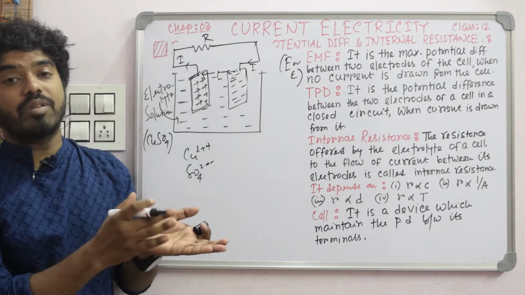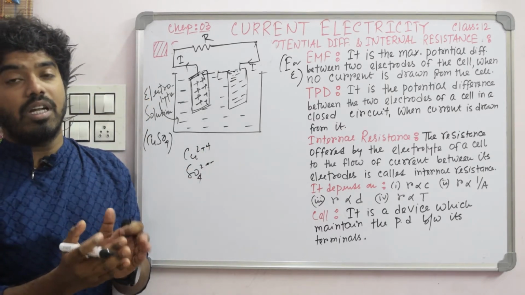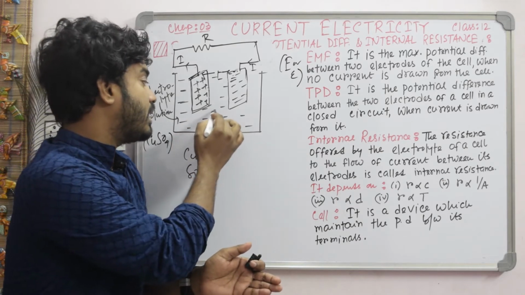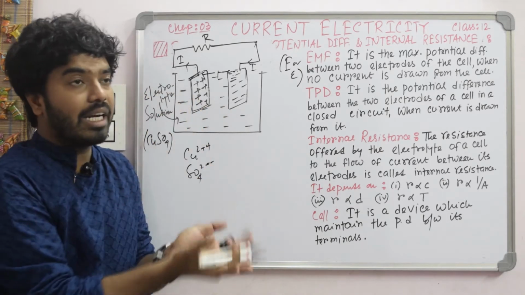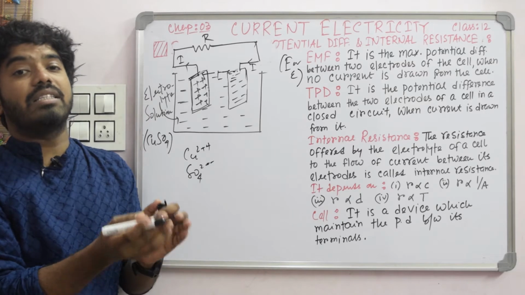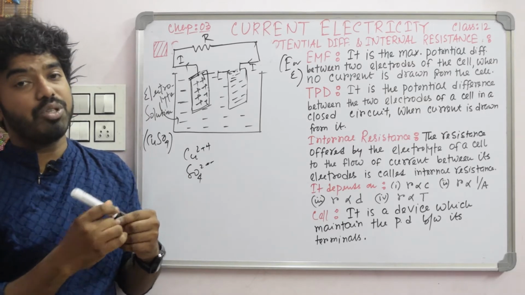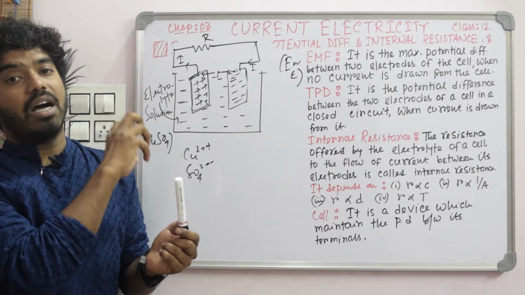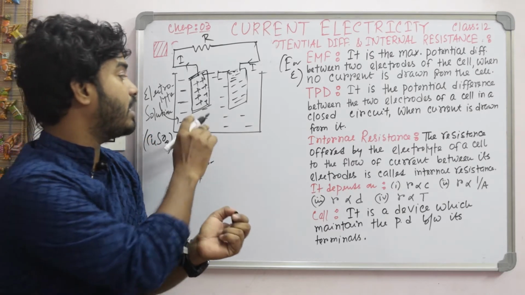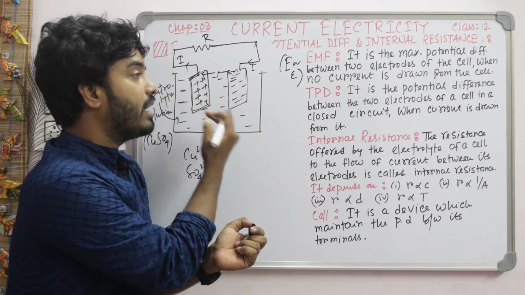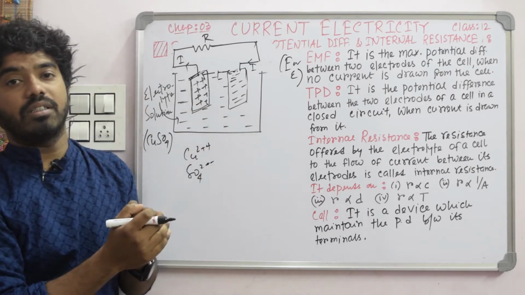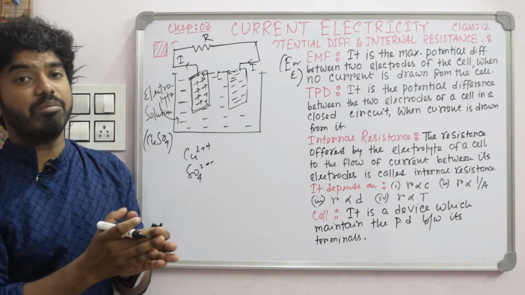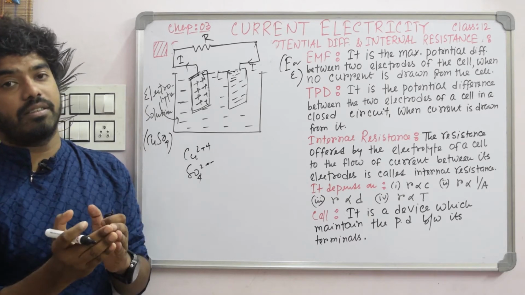There are some positive ions and some negative ions between the electrodes. So obviously there is a chance of collision between the ions, and due to this collision the current flowing inside this liquid gets an obstruction. This obstruction is named as internal resistance.